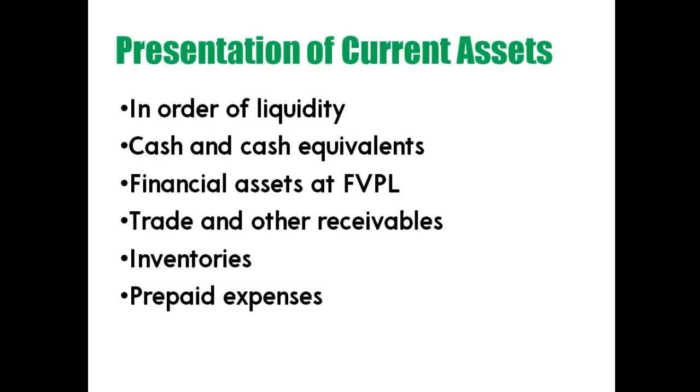Mga financial assets at FVPL, actually, it's easily convertible into cash kasi kunwari, disposal mo lang investment, may pera ka na. Okay? So, yun. Trade and other receivables, mahirap kasing singilin ang nakakautang sa iyo kasi marami silang dahilan. Pero ang financial assets, pagbenta mo siya sa financial institution, pagbenta mo siya sa financial market, may pera ka na agad. Okay? So, yun.